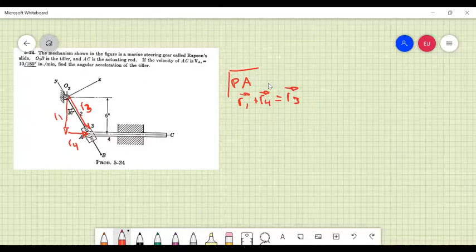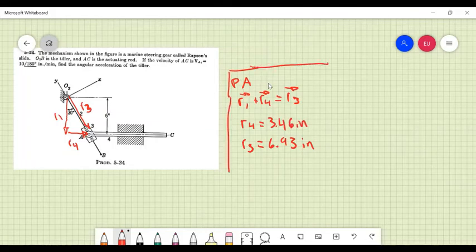Okay, and I'm not going to solve it again, but we obtained these values, the magnitude of these two vectors. For R3 it was 6.93 inches, and for R4 it was 3.46 inches.